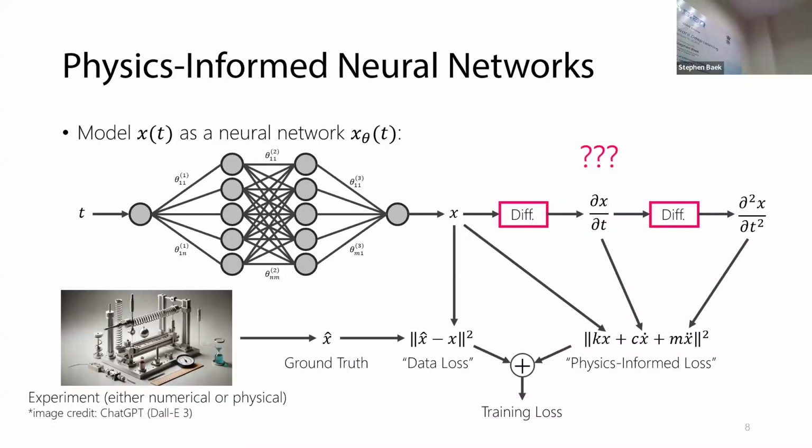For most differential equations, there's a trivial solution, which is not doing anything. Like in this case, for example, the PDE residual can be made 0 if x equals 0. So if you don't do anything to your system, the position stays the same, no velocity, no acceleration. So all three terms are 0. Then the PDE residual is 0. So that's a trivial solution.